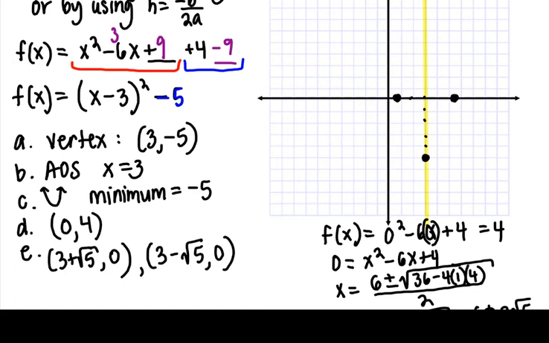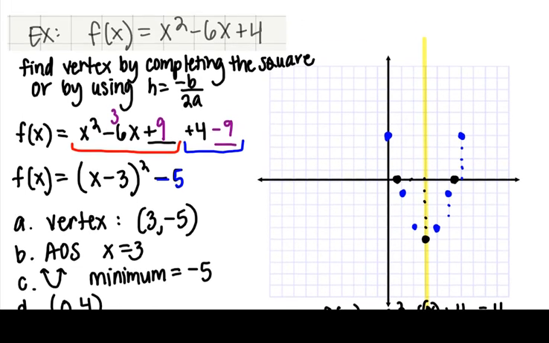This is the 1-3-5 rule because we have an a value of 1. So write 1 up 1, write 1 up 1, 2, 3, write 1 up 1, 2, 3, 4, 5. Reflect those over. I forgot to graph the 0, 4, but that's okay. It did it for me.